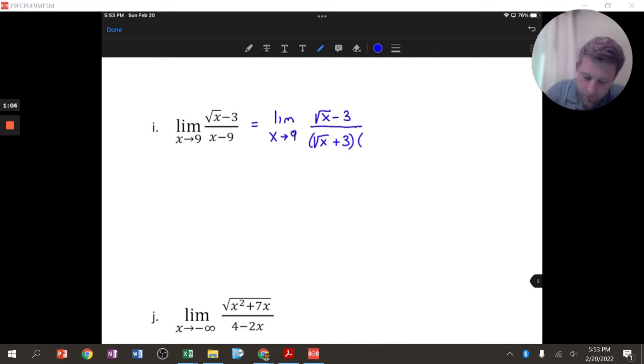And then the difference of squares would be the square root of x minus 3. This would give us the conjugate pair terms that would then multiply to get back to x minus 9.